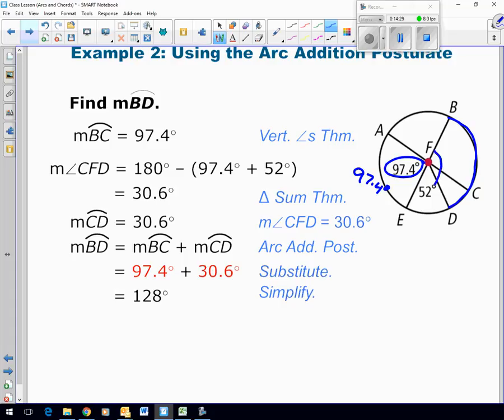We got one angle right off the bat. 97.4 is a vertical angle with BFC, so that's 97.4.